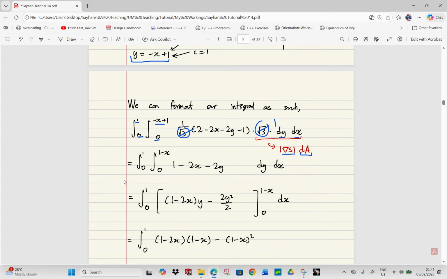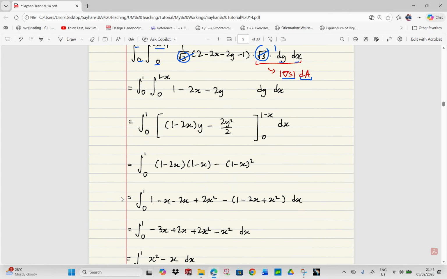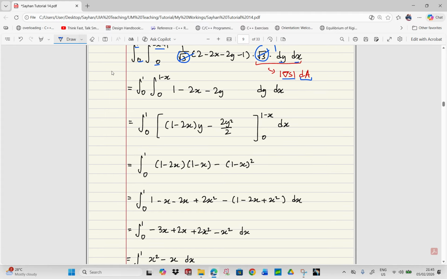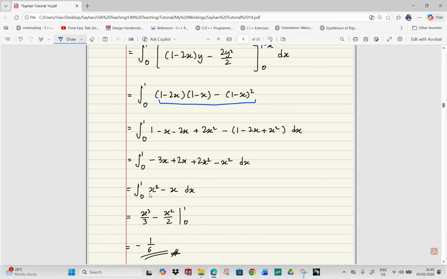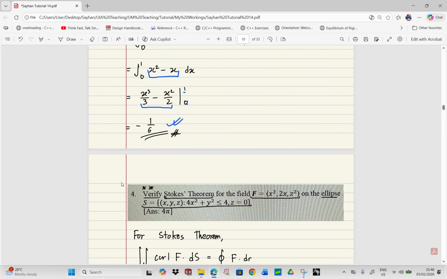As we do the integration step by step, we integrate with respect to y first, and we get this expression in terms of x, which ends up being a quadratic expression. We simplify it, and eventually it simplifies to x squared minus x. Then we integrate it, it becomes x cubed over 3 minus x squared over 2, from 0 to 1, so it becomes negative 1 over 6, which is your final answer.